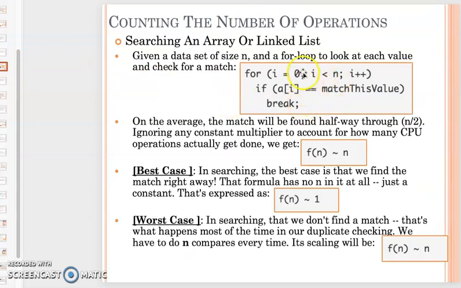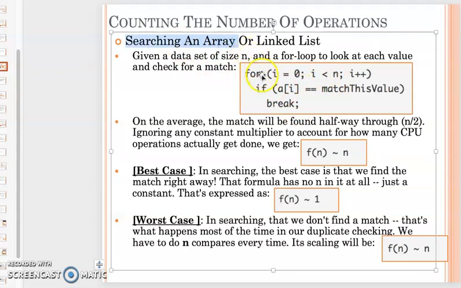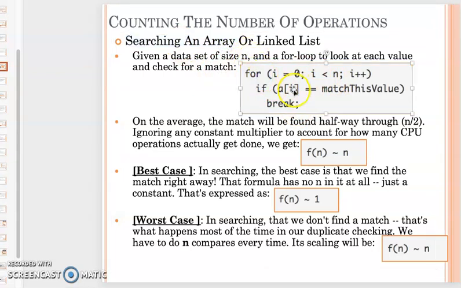Remember when we do the search on an array, you want to find the matching value, so we write a for loop. The for loop starts from i equal to 0, i less than n. This n is the size of the array. If we find the matching value, we finish.